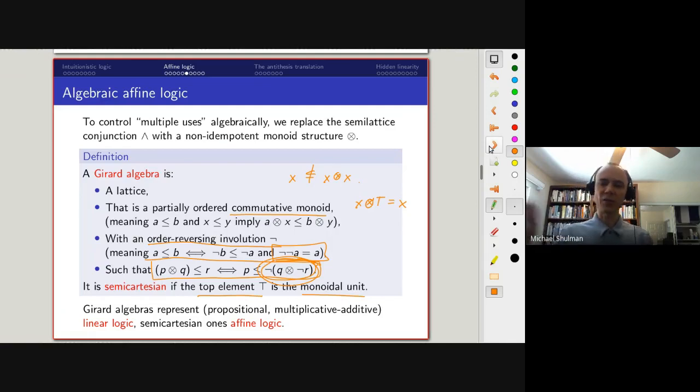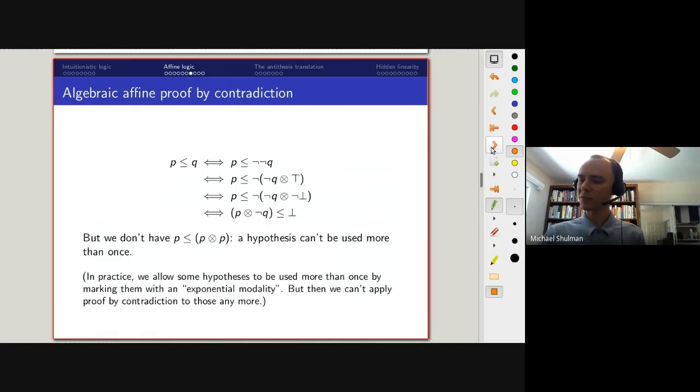And again, you can deal with quantifiers in more or less a standard way. So here's an algebraic version of proof by contradiction in a Girard algebra. To prove that assuming P we get Q, that's the same as proving that assuming P we get the double negation of Q. And now, because the top element is the monoidal unit, I can throw in a tensor with the top element.